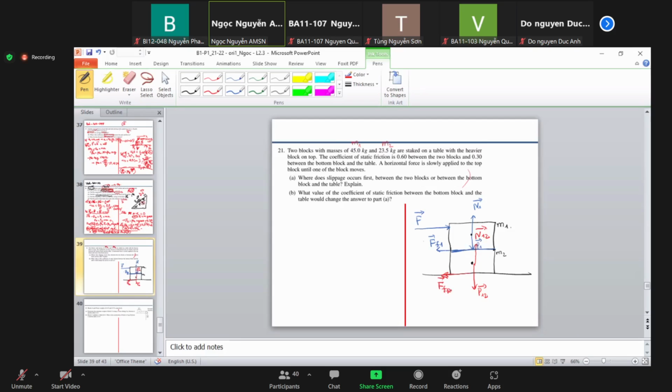Okay, so now if you write down the equations, the second Newton law for the mass M1, you will have what? The P1 plus N1, right?